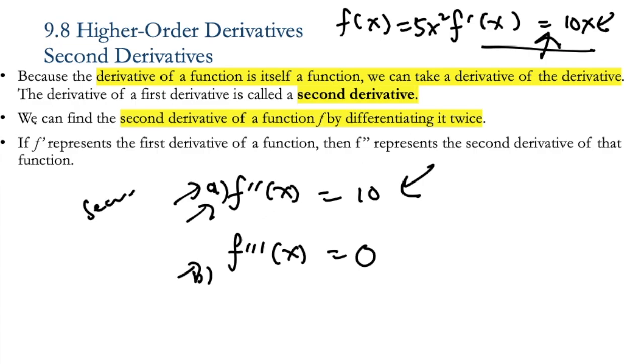So the second derivative is actually the derivative of the first one. So you differentiate twice, you call it the second derivative. You differentiate it a third time, the third derivative.